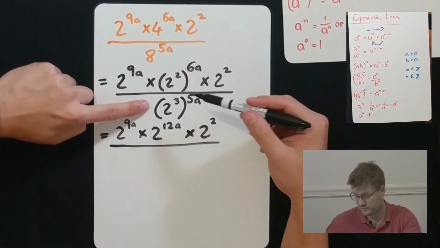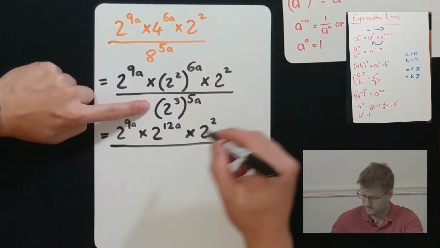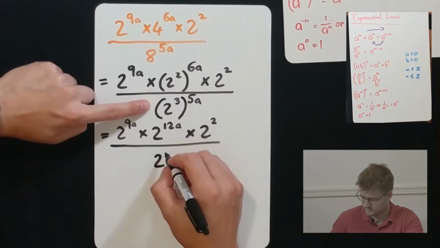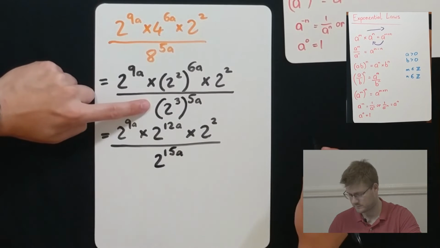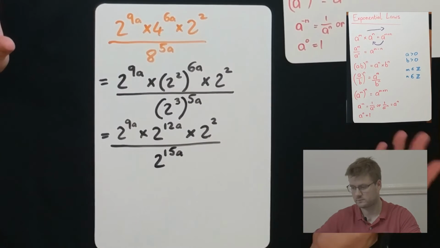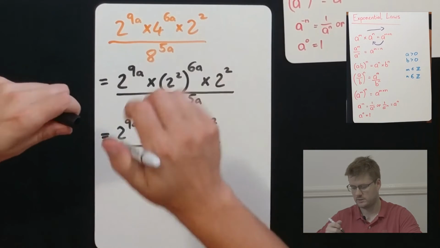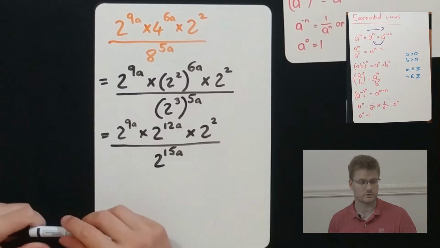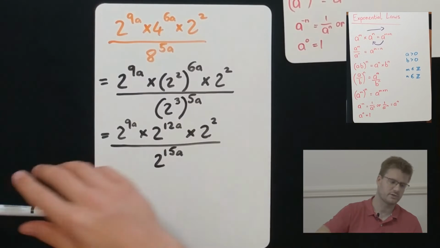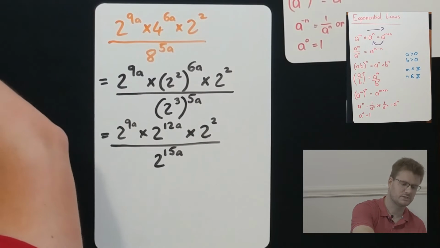Denominator, we will take the 3 and multiply by the 5a. So 3 times 5 gives us 2 to the power of 15a. All right, looking good. And we can track which laws we use. The more you practice these types of questions, you'll actually find that you stop looking at the exponents list. You'll start remembering them as you go. Let's change colors on board of black.